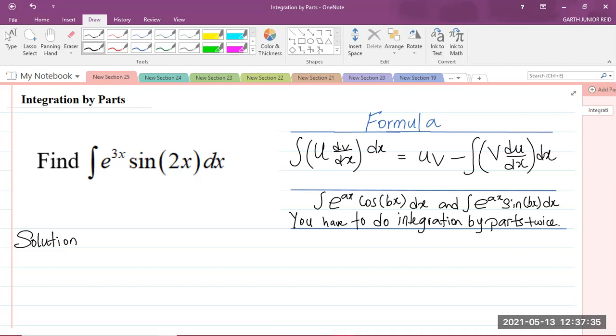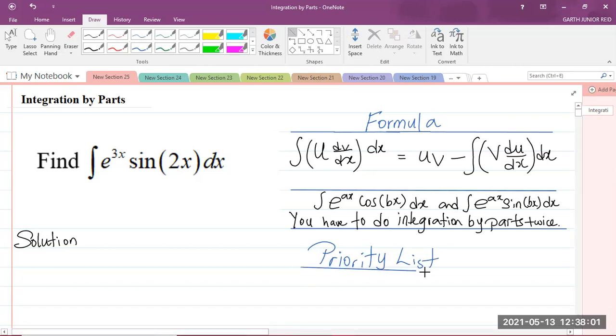Now, we need to find this integral, and I need to choose my u term and my dv by dx term. So what I'm going to do is write down the general choice guide for the u term, which I will call my priority list.